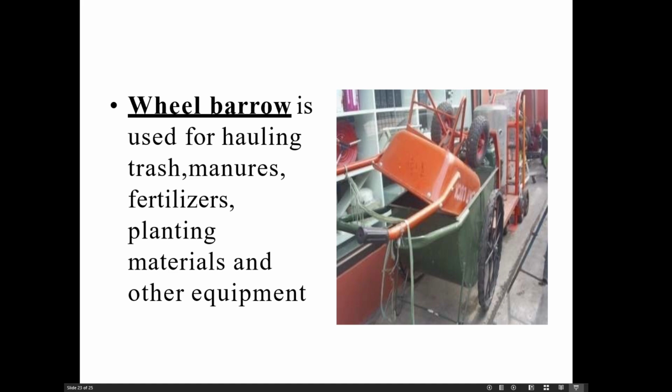Diba? So, for example, sa bahay nyo, pupunta kayo sa likuran ng bahay nyo, medyo malayo-layo ng konti, magtatanim daw kayo ng papa mo. So, hindi mo naman madadala lahat yung basta-basta. Eh, may wheelbarrow ka.